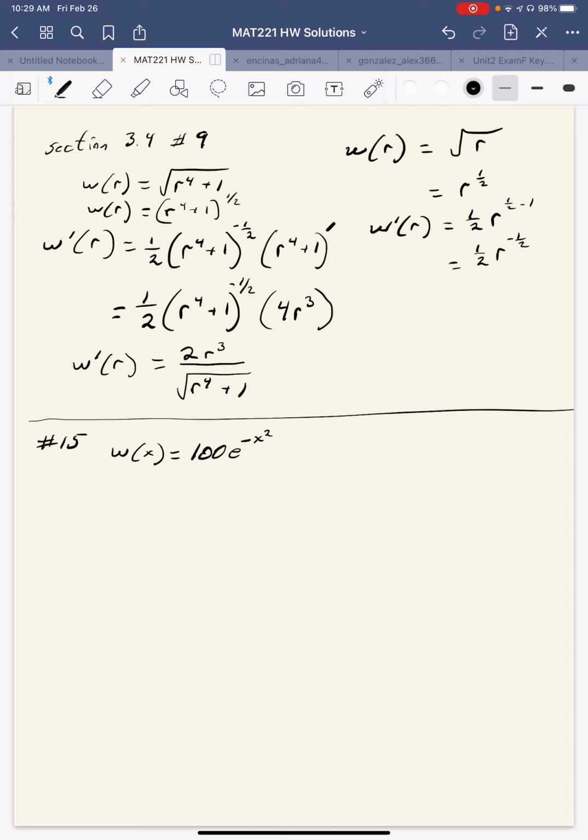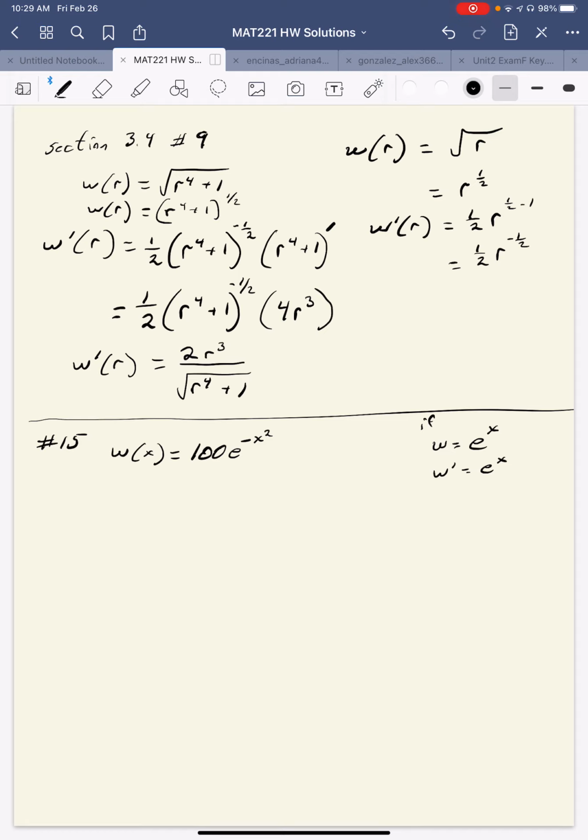And so again, we know that if we just had e to the x, we could take the derivative of that. So if w was just defined as e to the x, then w prime would also be e to the x.